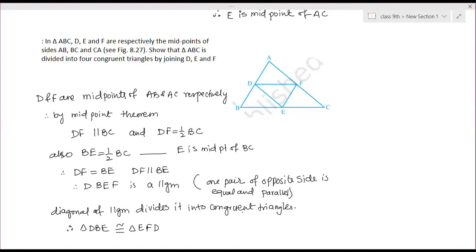Ma'am, in the proofs, should we write that the four triangles are congruent, like ADF is congruent to DBE, congruent to DEF and congruent to FEC? Yes, right.